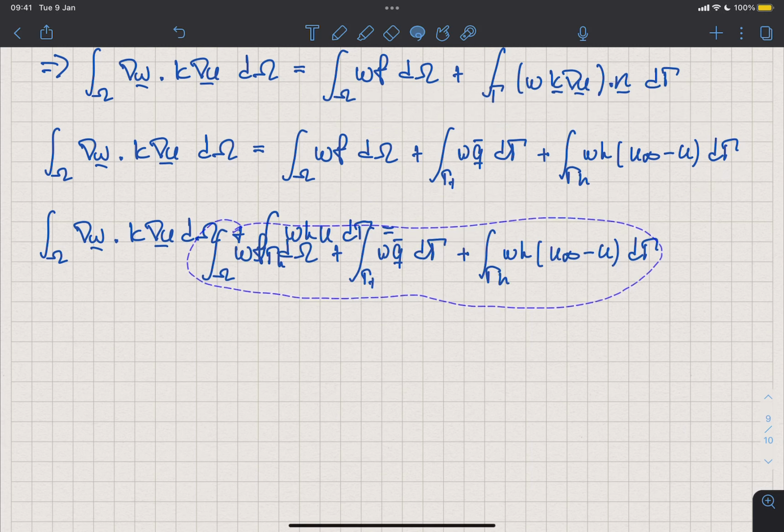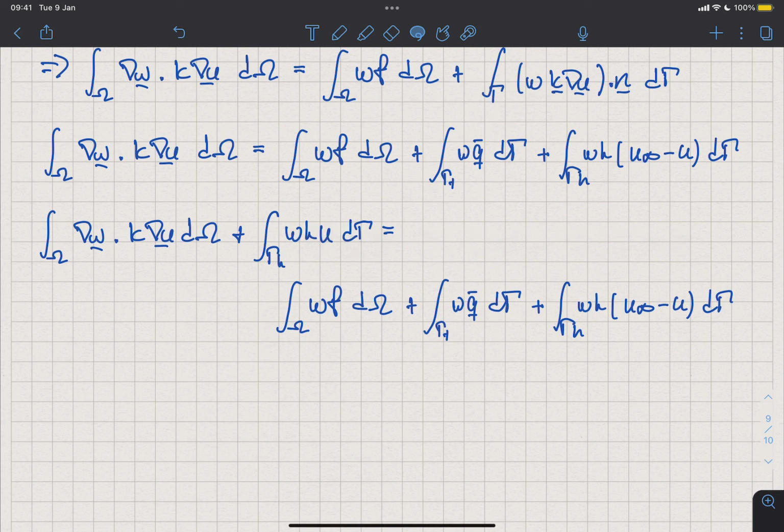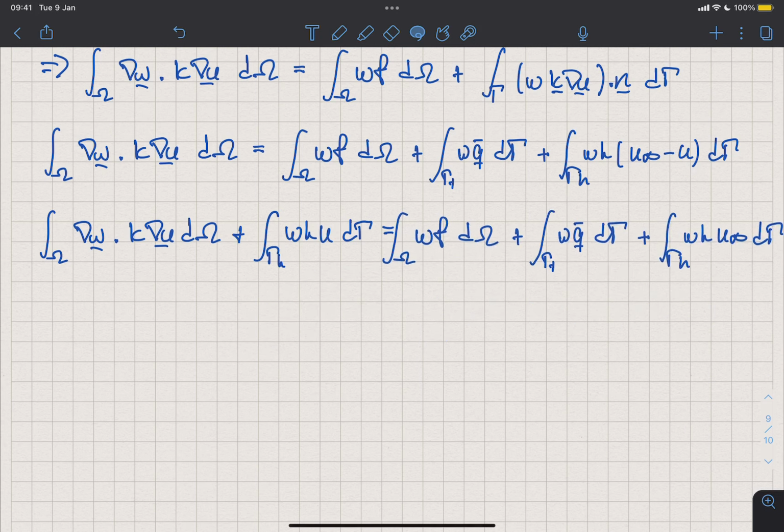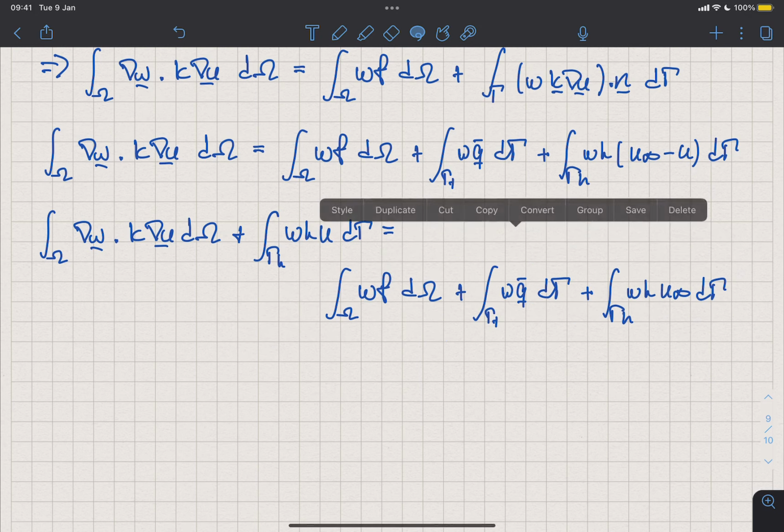I don't think I have enough space to put all that because I need to remove this.